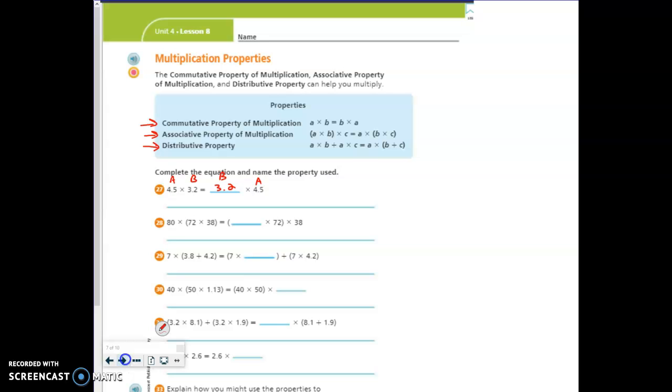So here we've got A times B inside parentheses, which would normally tell us to multiply that first and then multiply C at the end of that. Okay, but they're saying that you could still end up with the same answer if you switched the parentheses and did multiplying B times C first and then multiplied by A at the end.